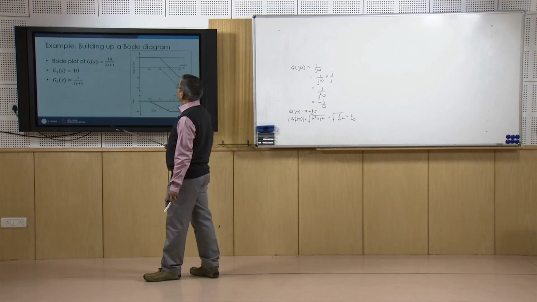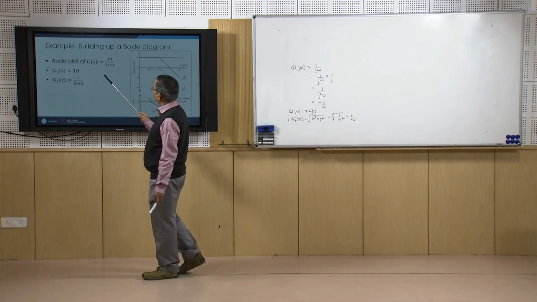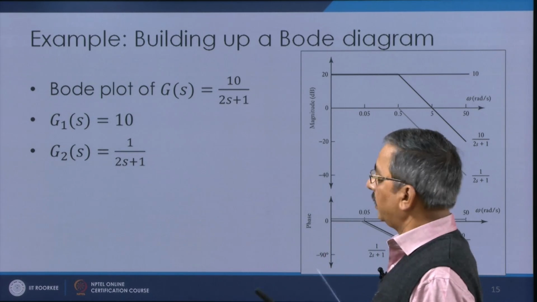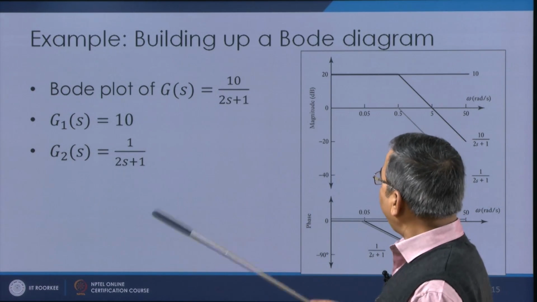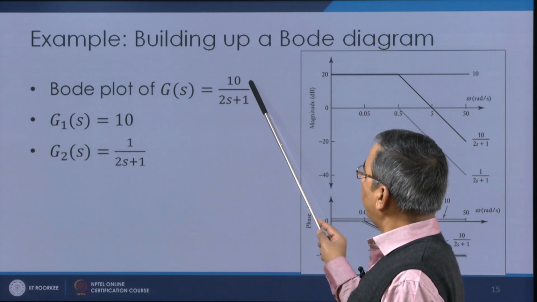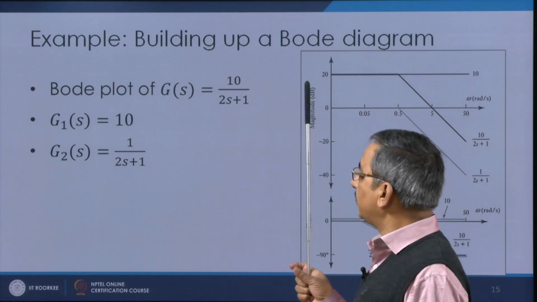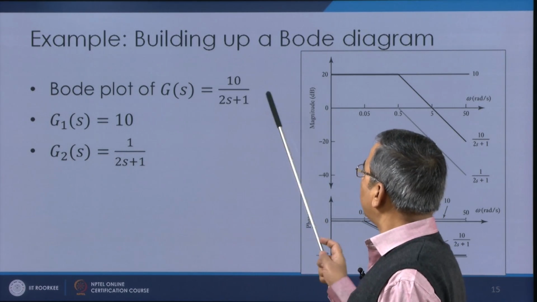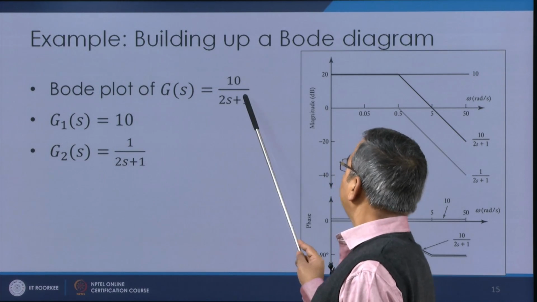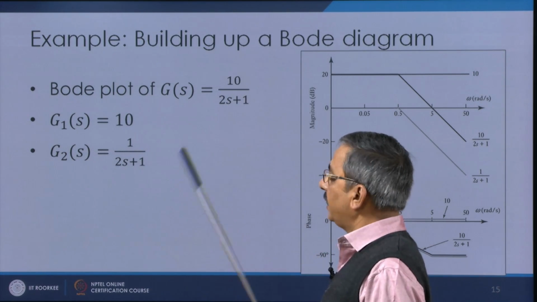So, let us see an example of building up a Bode diagram. Say we want the Bode plot of G(s) equal to 10 by 2s plus 1. I can split this whole transfer function into two transfer functions for two subsystems, one given by G1(s) equal to 10 and the other given by G2(s) equal to 1 by 2s plus 1.